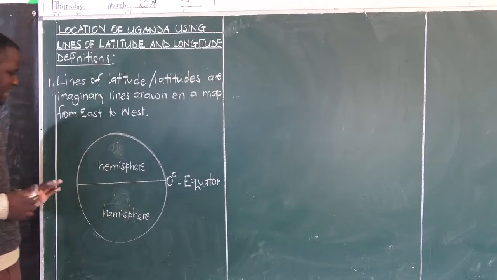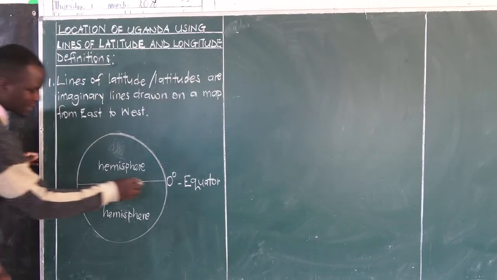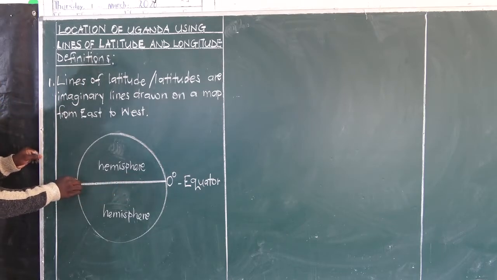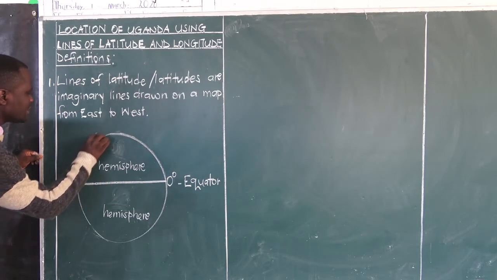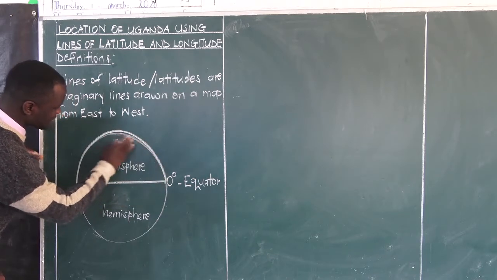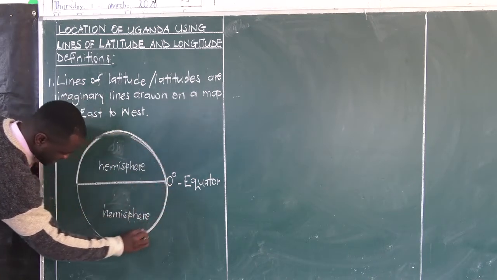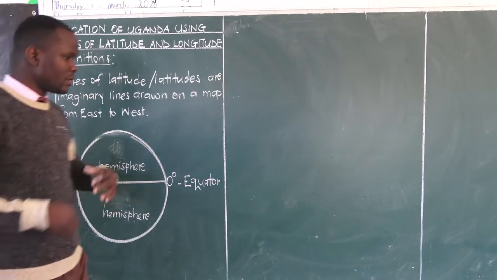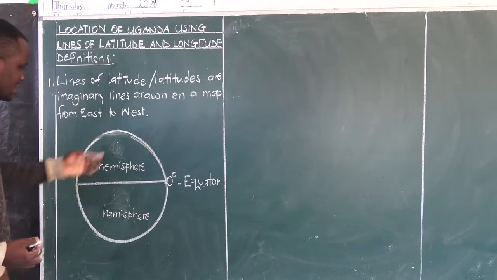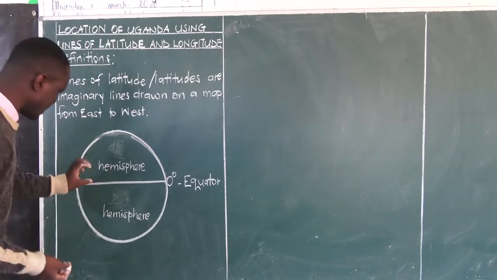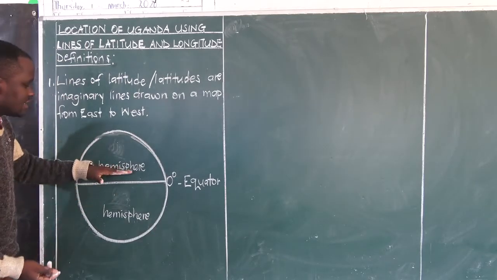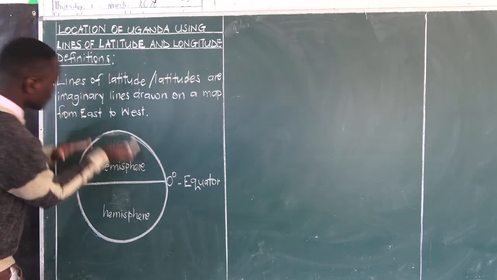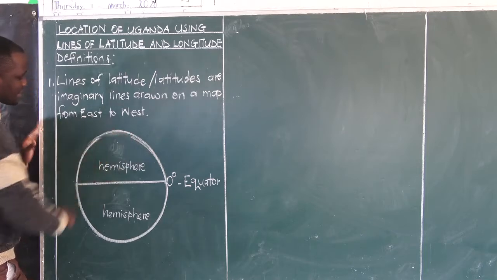Now, since the equator is passing here, it is dividing this into two equal halves. Therefore, we have this hemisphere like this, and also the other hemisphere like that. So we are going to name these hemispheres. Generally, we call them hemispheres. But now, which hemisphere is this and which one is this? The one which is this way, we now go to the compass directions.